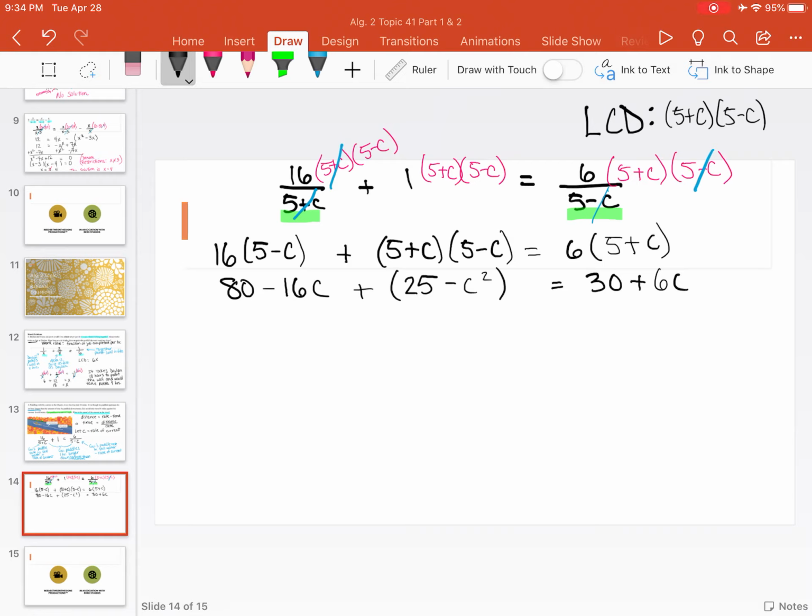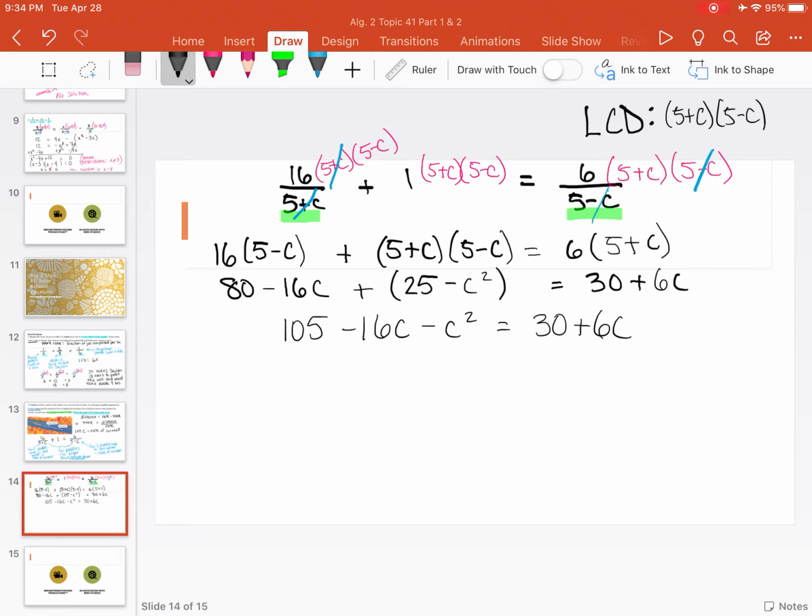So I'm going to combine like terms and then rewrite this quadratic so it's written in standard form. So we'll end up with 105, if we combine our constants, minus 16c minus c squared equals 30 plus 6c.